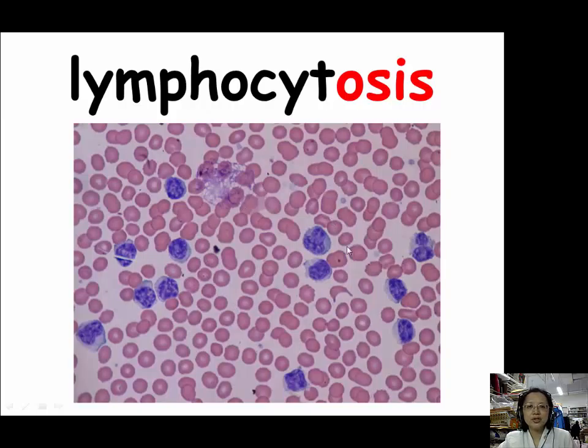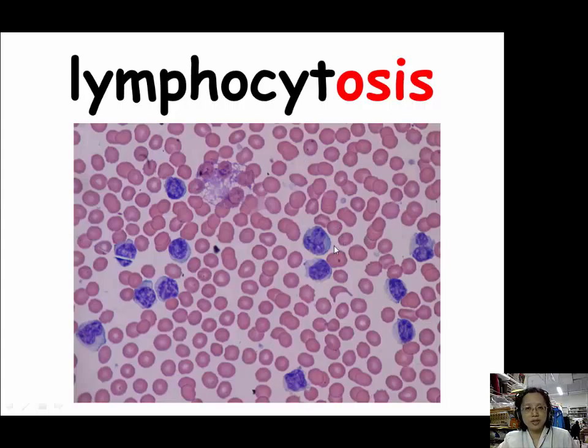As shown in this blood smear, you can see there are many lymphocytes in this person's blood smear. That means he is having a lymphocytosis. By definition, if an adult's lymphocyte count is greater than 4,000 per microliter, or for children, more than 7,000 per microliter, they have lymphocytosis.